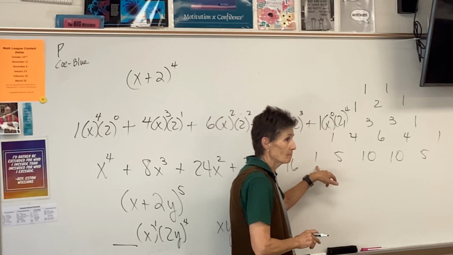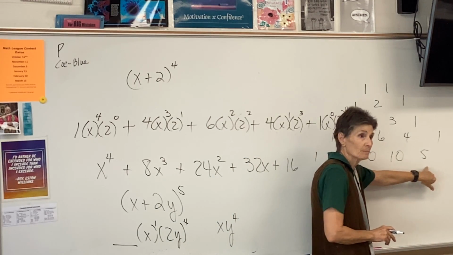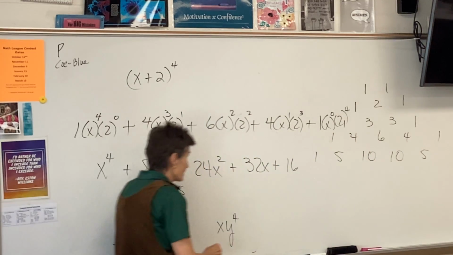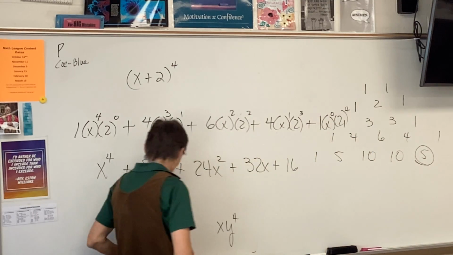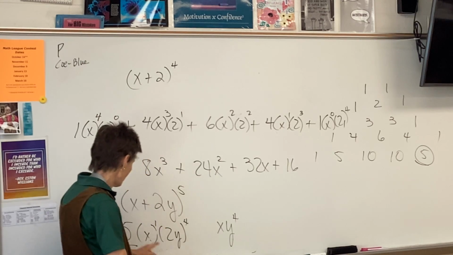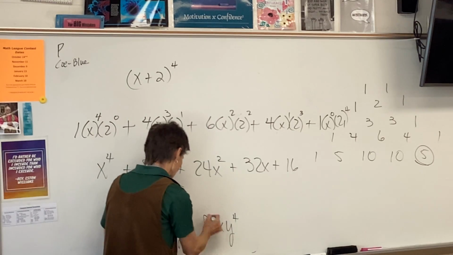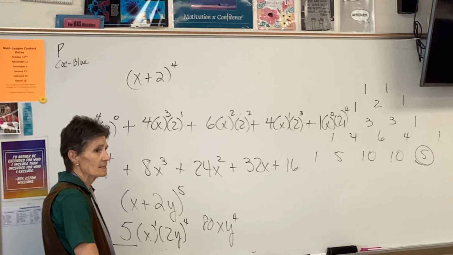Not this one. 5, 4, 3, 2, 1. That one right there. So my coefficient is 5, because this is the term I want right here. That's x to the 1st. So what is that going to be when I multiply all this out? 80? Did you get 80? That's it.